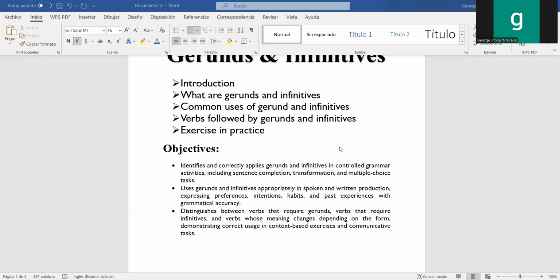And number three, the last one, distinguishes between verbs that require gerunds, verbs that require infinitives, and verbs whose meaning changes depending on the form, demonstrating correct usage in context-based exercises and communicative tasks.